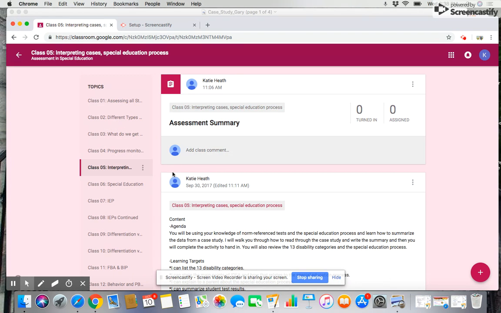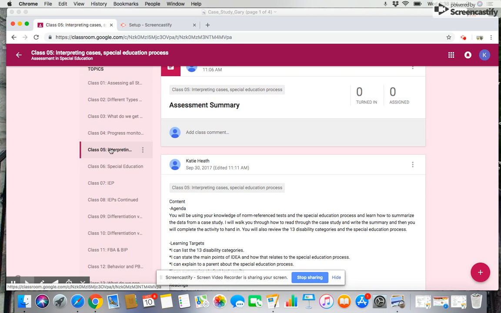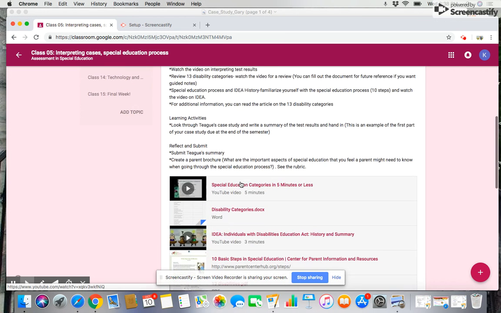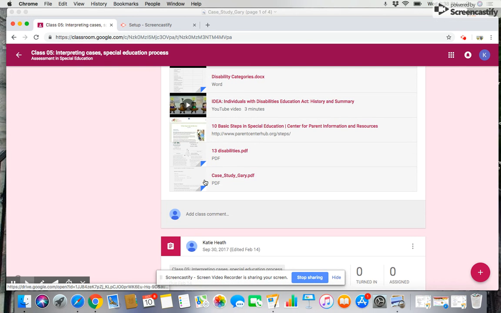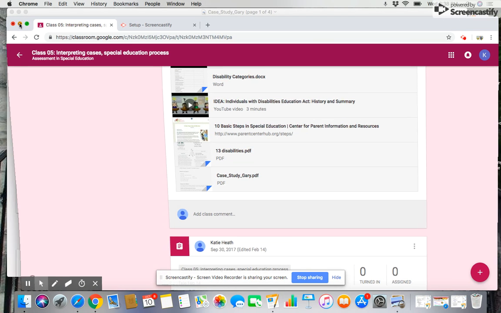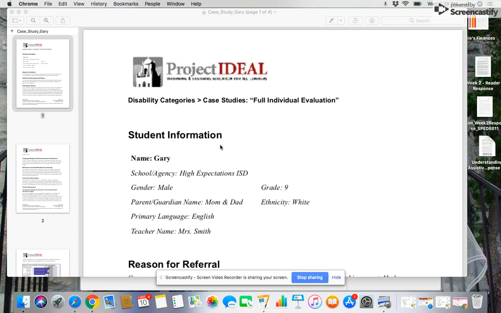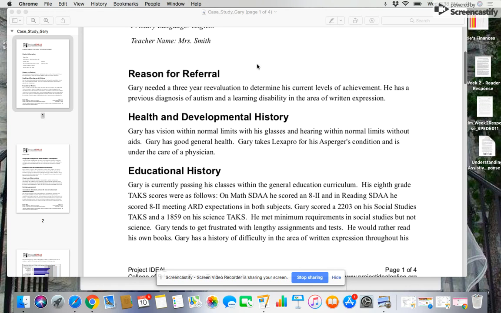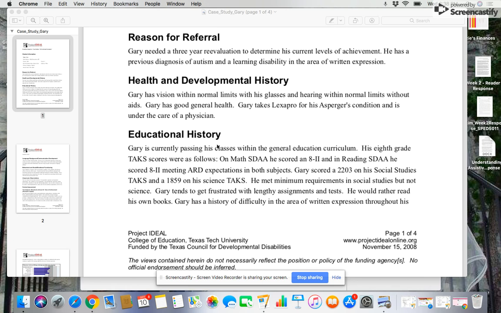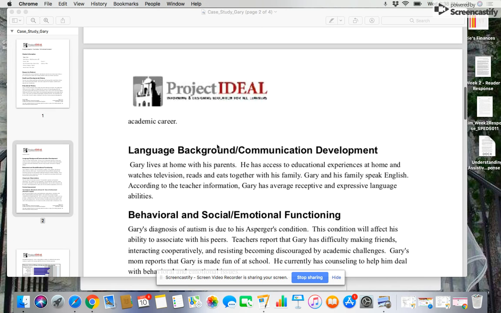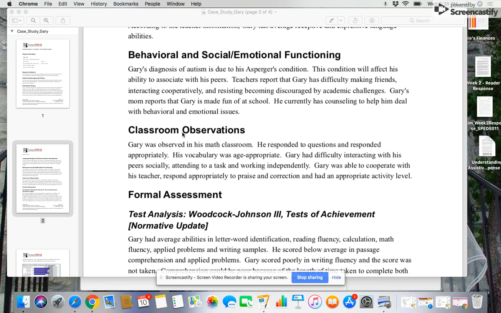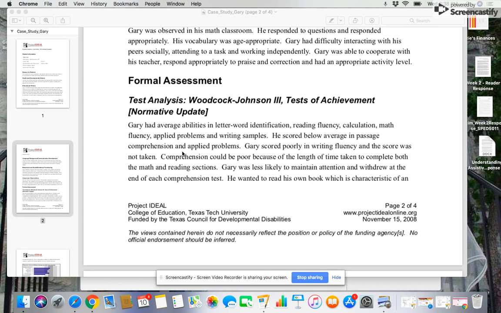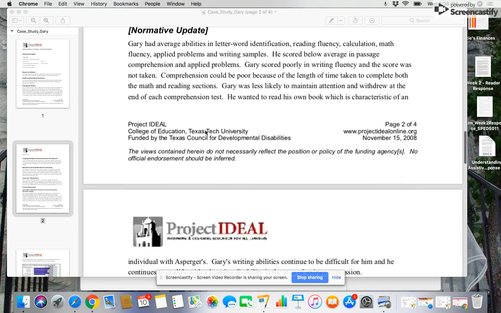Gary's case study can be found under Class 5, at the bottom here, Case Study Gary PDF. The first thing that you need to do is read through the case study, and you're going to see there's information about his referral, what they're looking for, his history, which is health and developmental history, his educational history, some of the things that are happening within the classroom, and then the assessments that they gave him to see if he actually qualifies for a disability category.